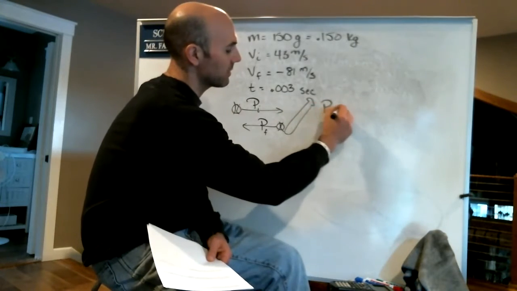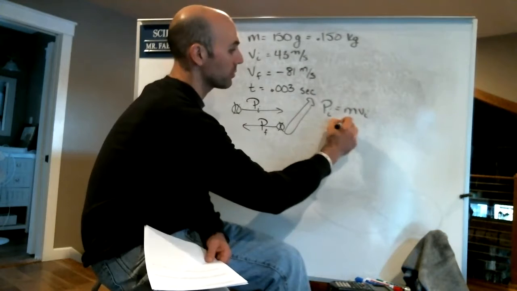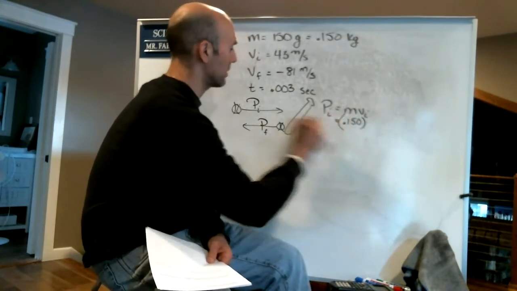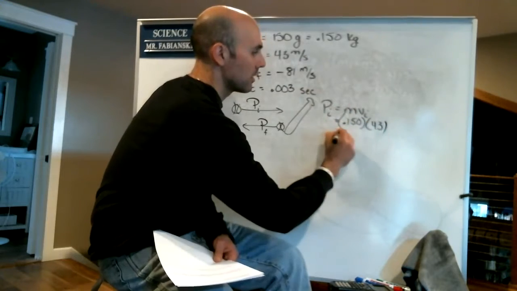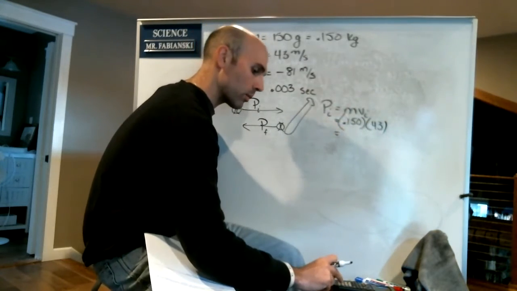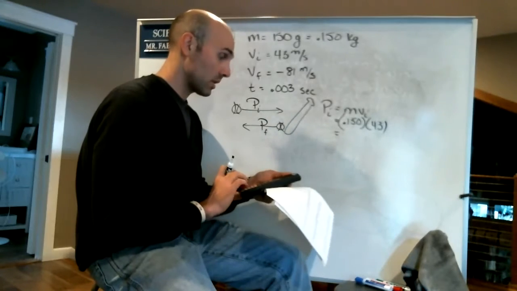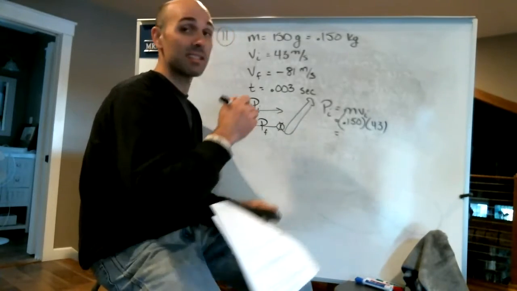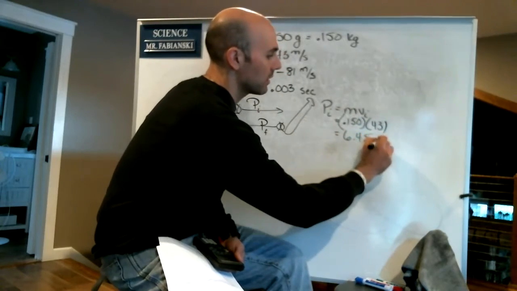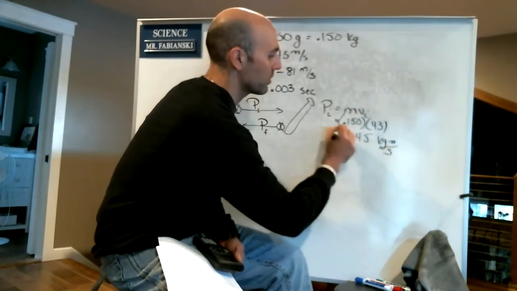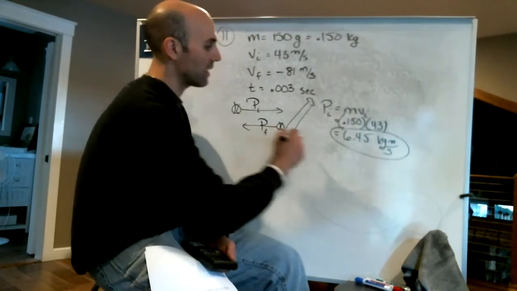The initial momentum equals m times the initial velocity, equals 0.150 times the initial velocity, which was 43. That's going to equal 0.150 times 43, and we get 6.45 kilogram meters per second. That is our initial momentum. Let's try and find the final momentum now.